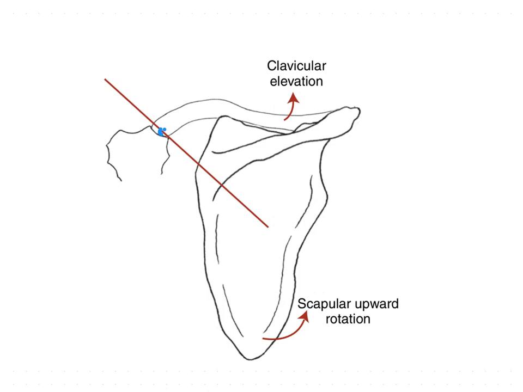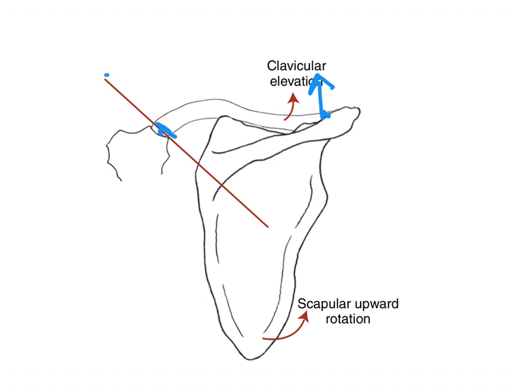Next, the pull of the muscles on the scapula, that is the direct pull of the upper trapezius on the lateral clavicle, causes elevation of the clavicle. So how does elevation of the clavicle occur at the SC joint? How is the axis formed at the SC joint?